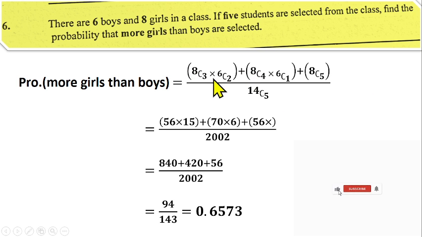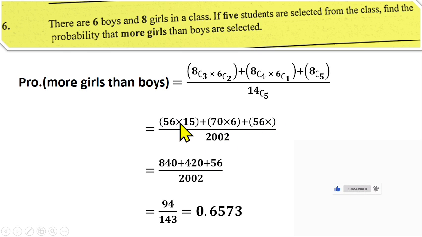So if you simplify this, we have 8 combination 3 gives us 56 times 6 combination 2 gives us 15, plus 8 combination 4 gives us 70 times 6 combination 1 gives us 6, plus 8 combination 5 gives us 56 times 1. This is an omission here, sorry for that.